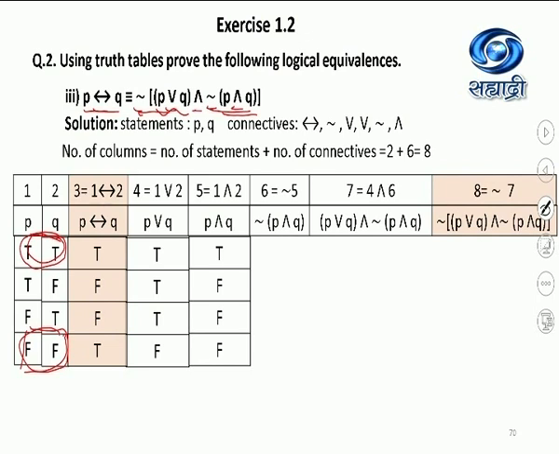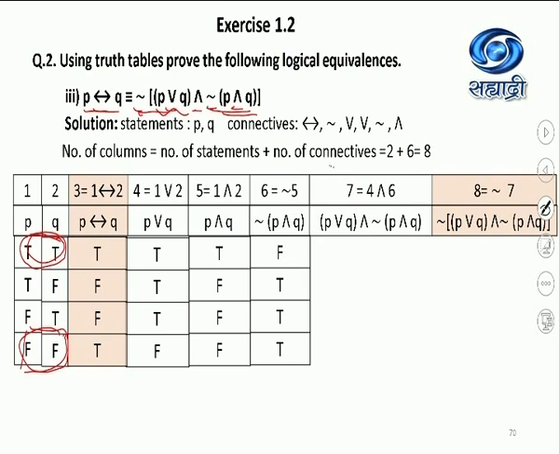For negation of P and Q, what do we do? We take the negation of column 5. Negation of T is F and negation of F is T. So those are the values in column 6. For column 7, now I am taking P or Q and negation of P and Q, meaning I am using columns 4 and 6.